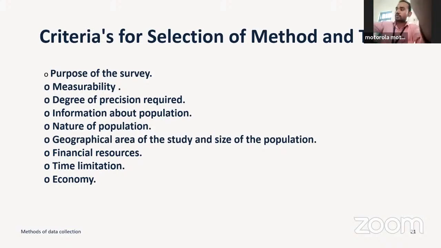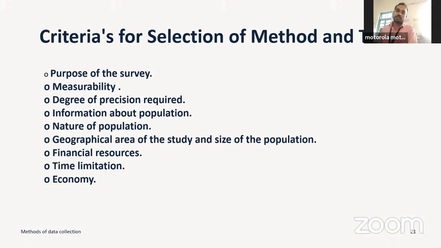So measurability is another criterion, because inappropriate sampling or defective devices included in your measurement may produce a systematic bias. Systematic bias is related to the sampling procedure. So if you are aware of the measurability, then you can select the proper method and proper tool.